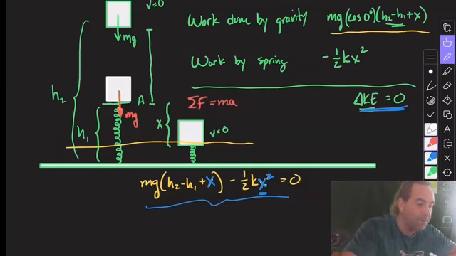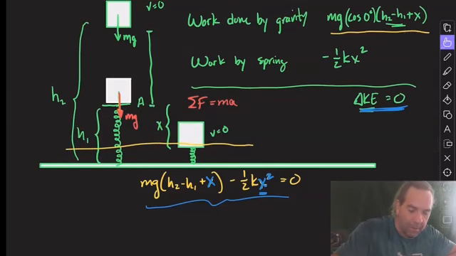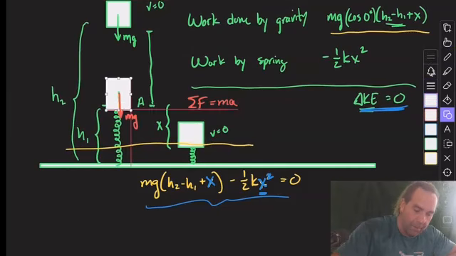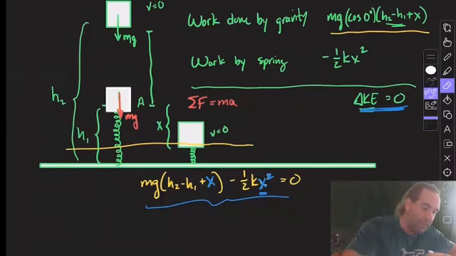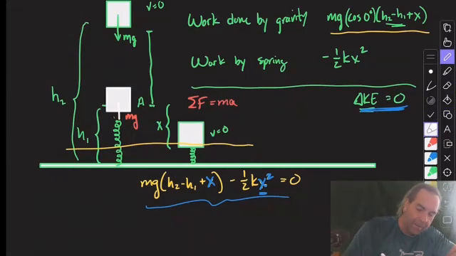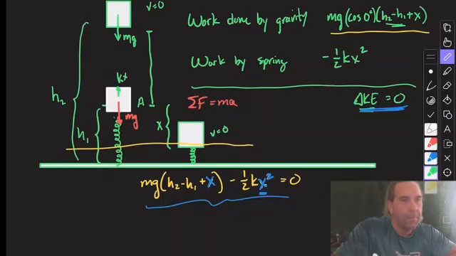Now, when the box moves down a little bit, the moment it moves down a little bit, although that does not affect the gravitational force, it does affect the force from the spring. And suddenly there's a small force from the spring upwards.